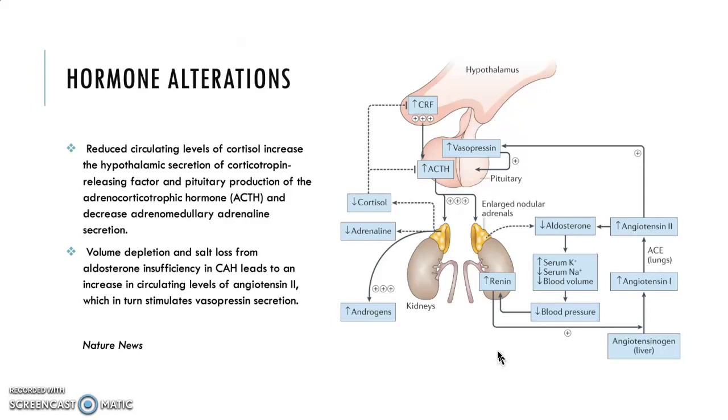And then again, volume depletion and salt loss from aldosterone insufficiency in congenital adrenal hyperplasia leads to an increase in circulating levels of angiotensin II, which in turn stimulates vasopressin secretion. All of these things are kind of outside the realm of the discussion, but very interesting to note if you're interested in learning more about CAH.